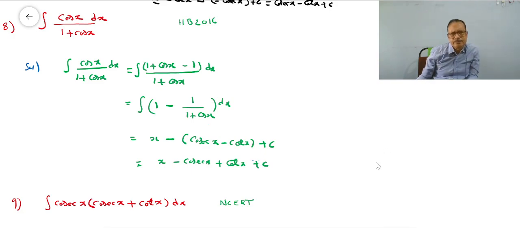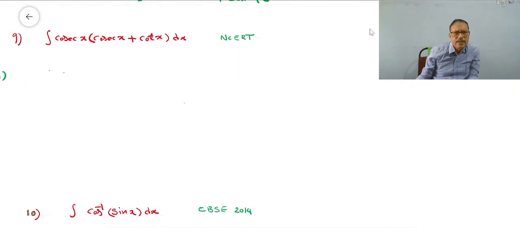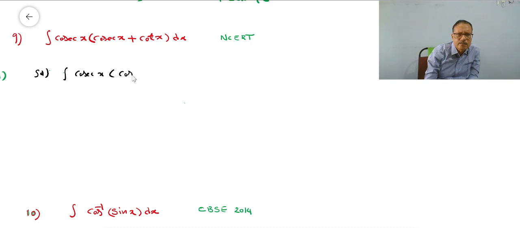Next one, integral of cosecant x into cosecant x plus cot x dx.